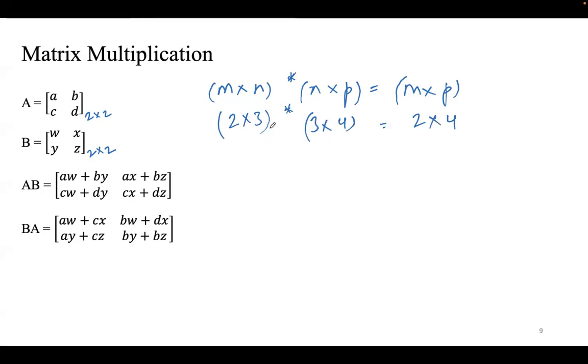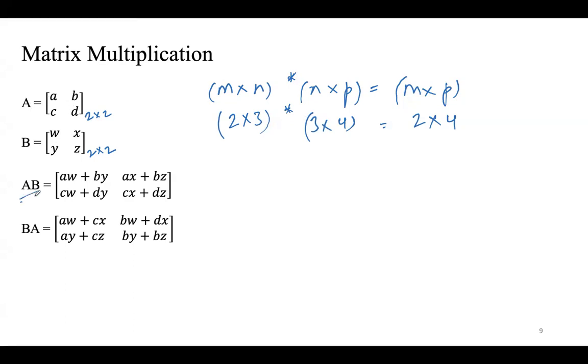Again, the more rows or columns we have, the more complicated it is to do manually, but this can very much be done manually. Once you're clear with this setup, let's take this example first. You have these two matrices you want to multiply.